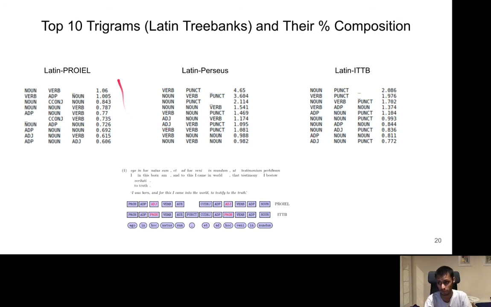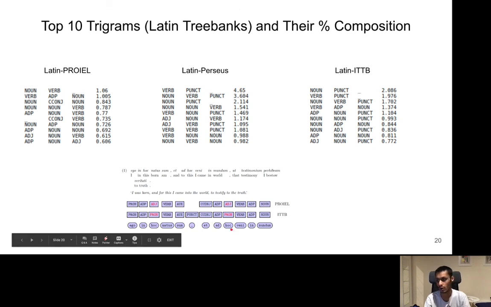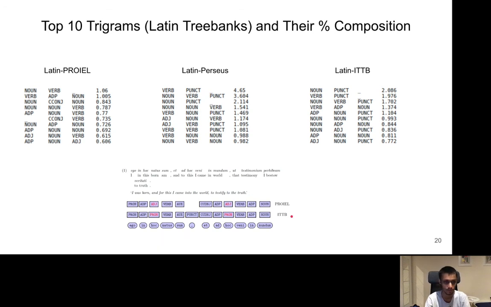There are no punctuation marks present in ProEL's top 10 trigrams, and the reason for this is that the ProEL Treebank has removed all the punctuation marks. This is one proof. The other proof is that when we use the variation nucleus method of Dickinson and Meurers, we saw that the two Treebanks differ in how they annotate a word. ProEL annotates it as an adjective, while ITTB annotates it as a pronoun.